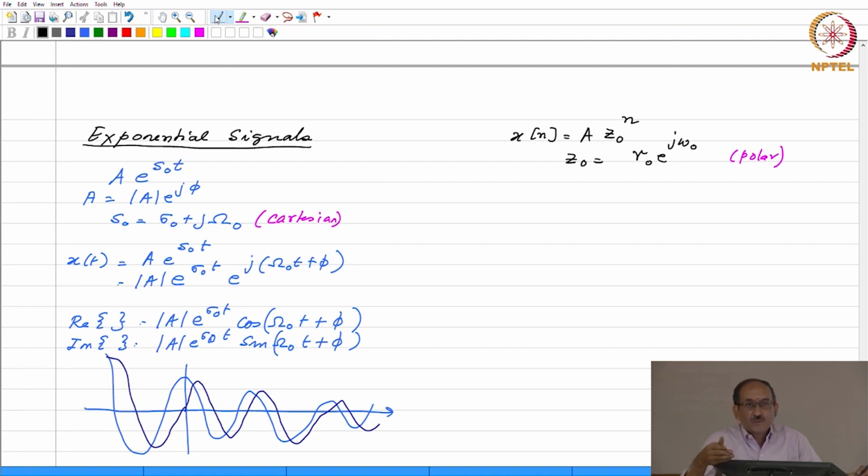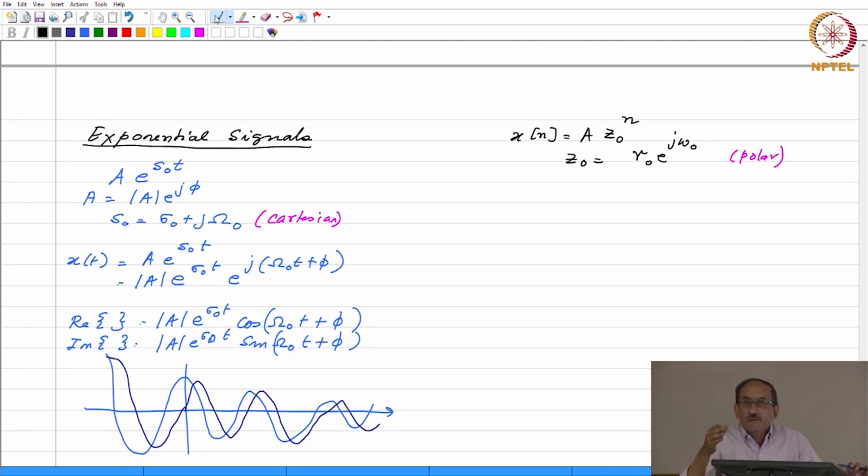So, have you had a course in complex variables? No, okay, that's a very good excuse. But even then you might be familiar with this. If you are going to raise a complex number to the nth power, what do you use? What's the mathematical theorem that's used?